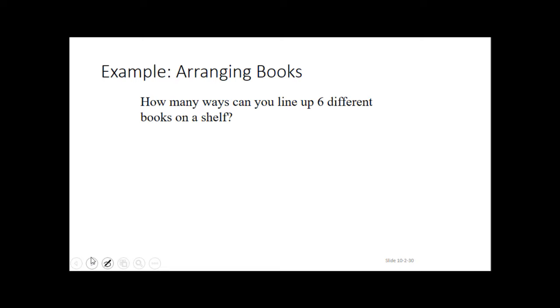So if I asked you how many ways can you line up 6 different books on a shelf, well, you could go and do the fundamental counting principle, and you would say, okay, the first book on the shelf has 6 options, the second book's 5, the third book's 4, then 3, then 2, then 1.